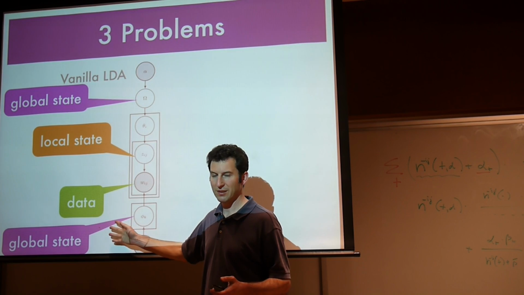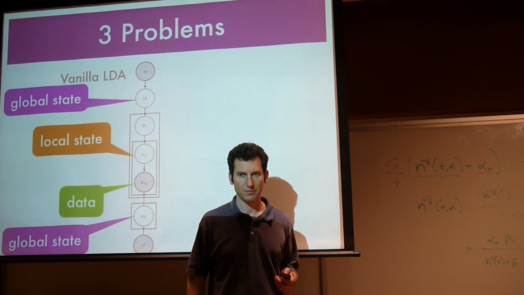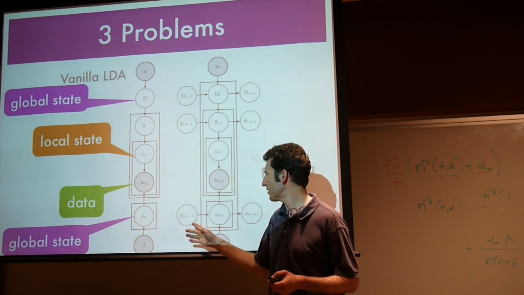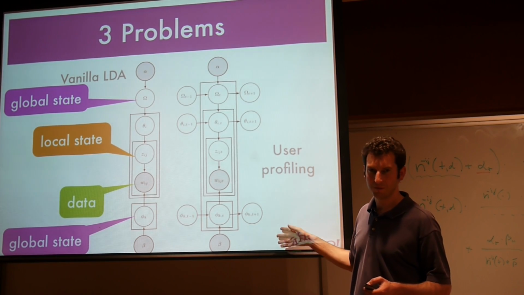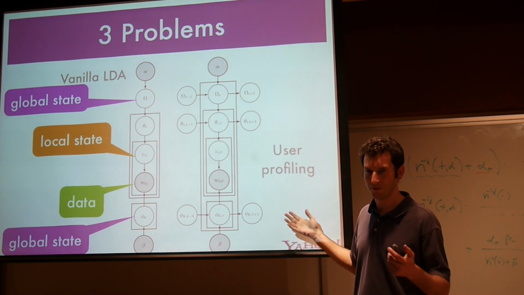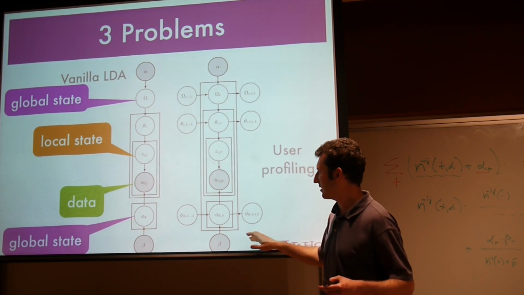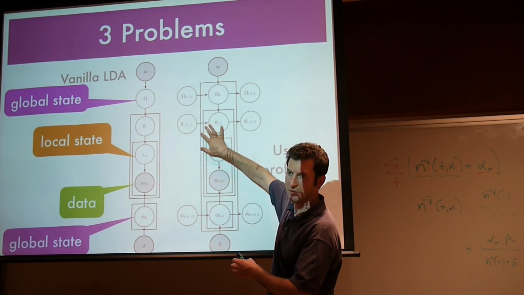And the global state, again, there is the word distribution for a topic. And you can do fancier things like temporal user profiling. So this is close to what we do if you come and visit Yahoo and want to find out what you're up to. You basically take that LDA model and you make it overall time dependent and moving over time.